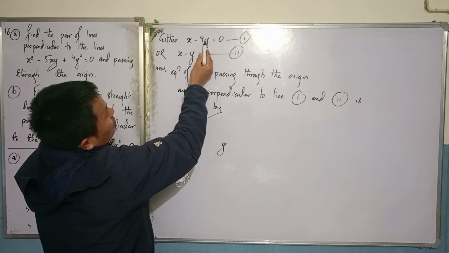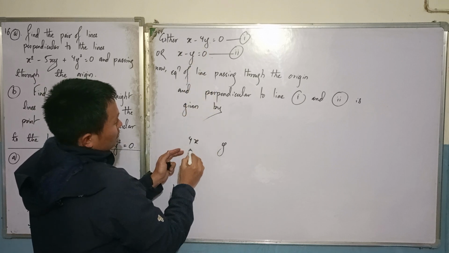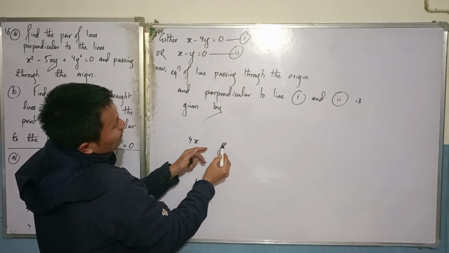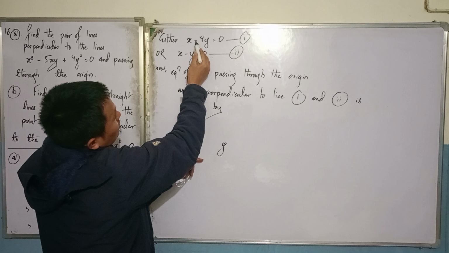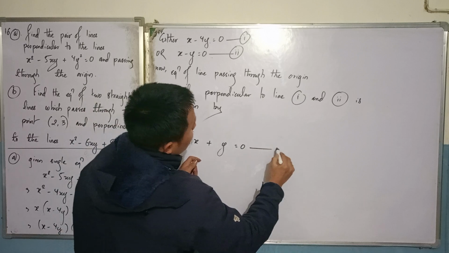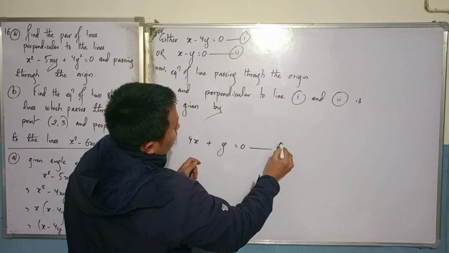The coefficient of y is 4, so 4 will be the coefficient of x. The coefficient of x is 1, so 1 will be the coefficient of y. Since the sign there is negative, now you write positive. So this will be the line perpendicular to line I. Suppose this is III.